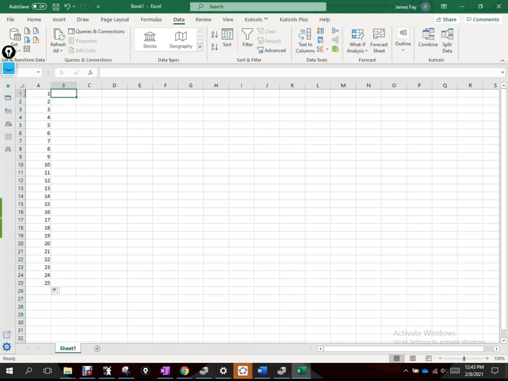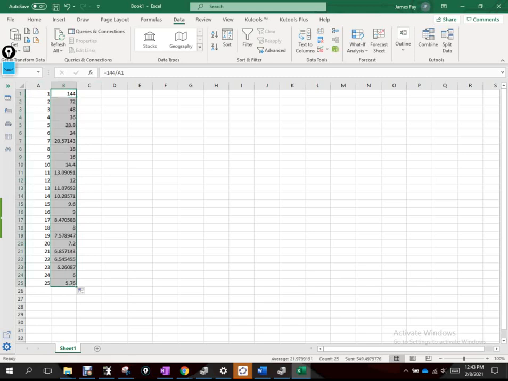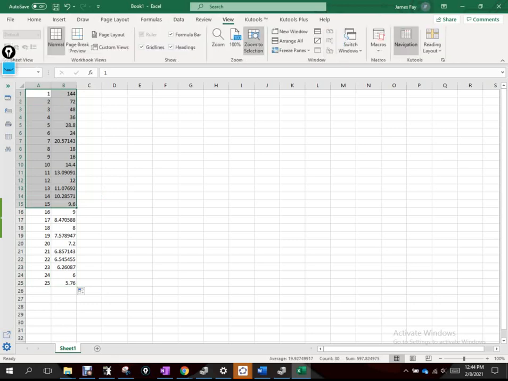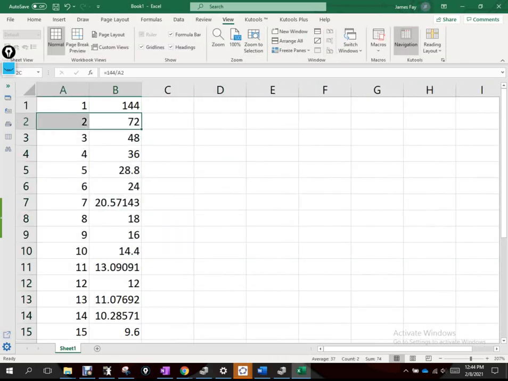And now in the second column, I'm just going to hit equals, and then my number that I want, so 144. I'm going to divide that by what's in that first spot. Hit enter. So it gives me 144 divided by 1. This one's going to give me 144 divided by 2. So this gives me my factors, right? Do those two add up to 40?